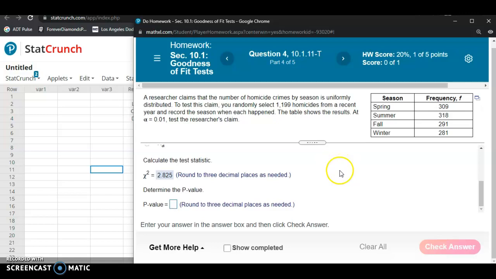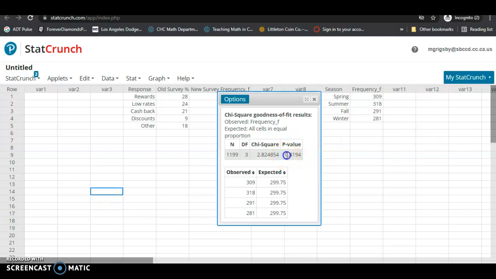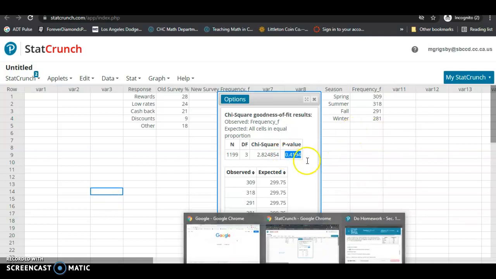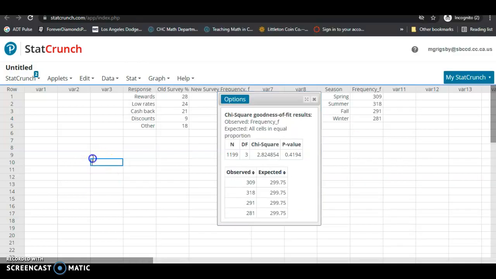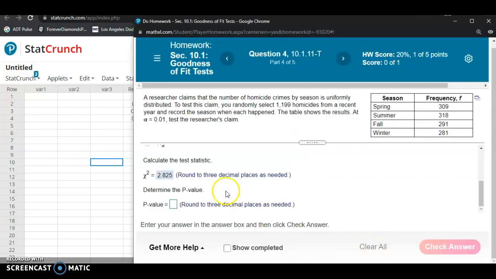It's also asking for the p-value, which is this number here. 0.4194 is the p-value. It gives it to you to 4 decimal places, but let's round it to 3, so it would be 0.419.